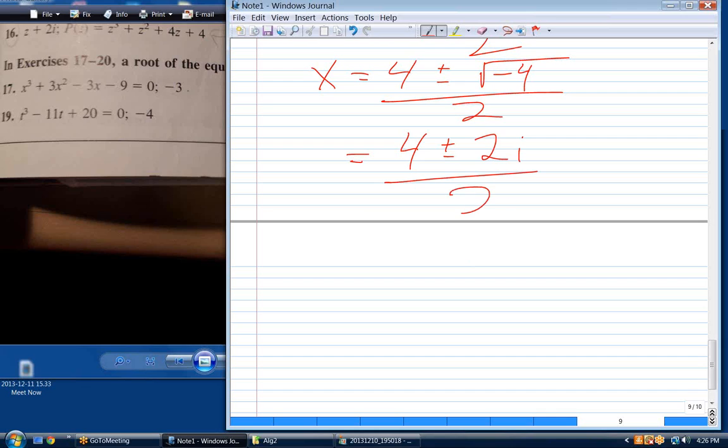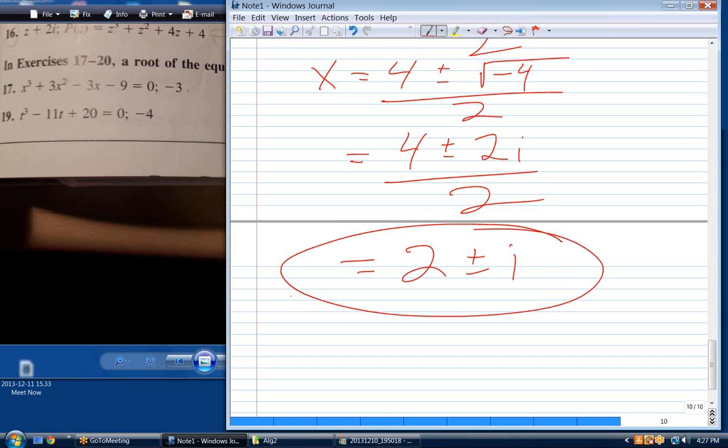Uh-huh. And then the 2 and the 4 would cancel each other. So what's the last line? So 2 plus or minus i. And those are your other two solutions.